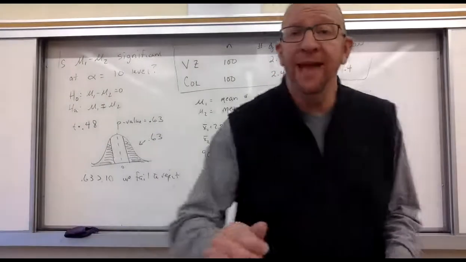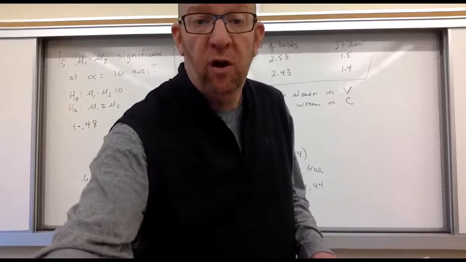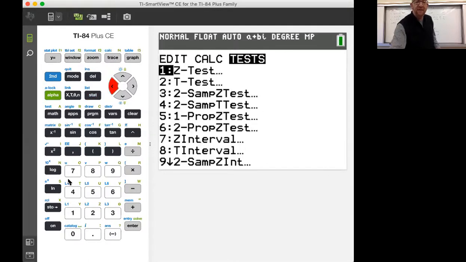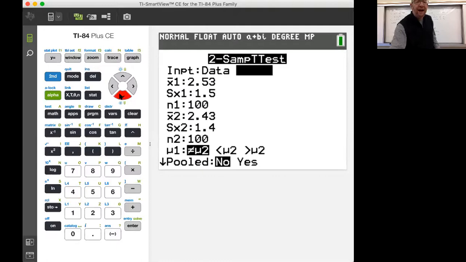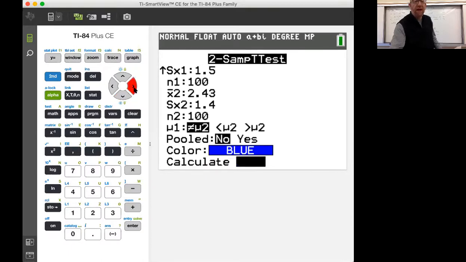Let's review what that's going to look like on the calculator with the drawing. We're going to go back to our 2-SampTTest, STAT TESTS 4, but this time, with all of that data, we're going to go to Draw. Now, if that was a little fast for you, just pause, slow down, replay the video.